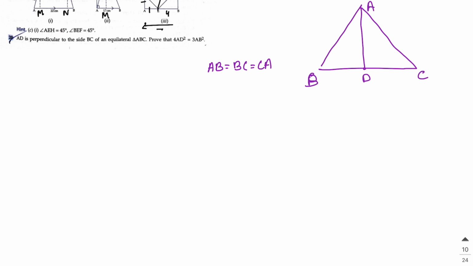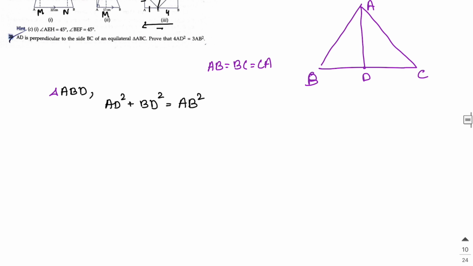So first here AB is equal to BC equal to CA. Then from the right angle triangle ABD, you can write down here AD square plus BD square equal to here AB square. As here D is the midpoint, in the place of BD you can write down BC by 2.